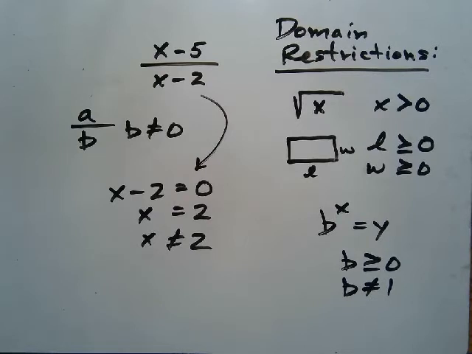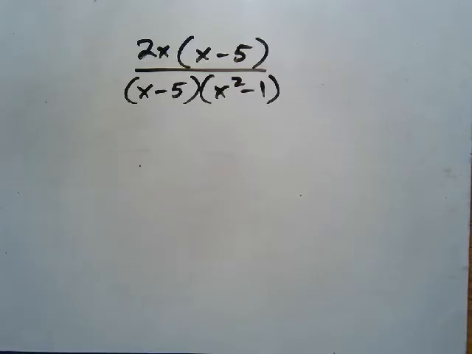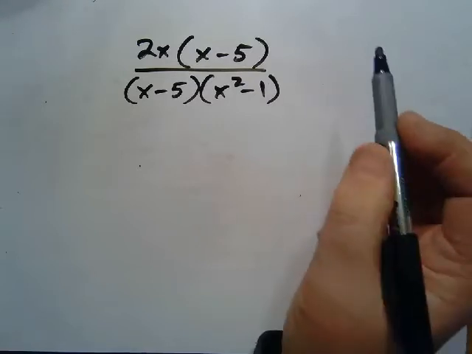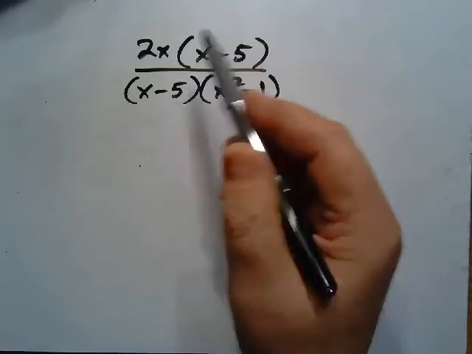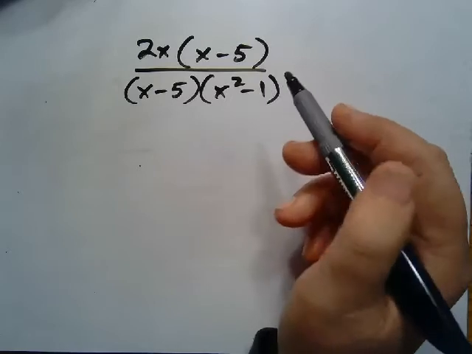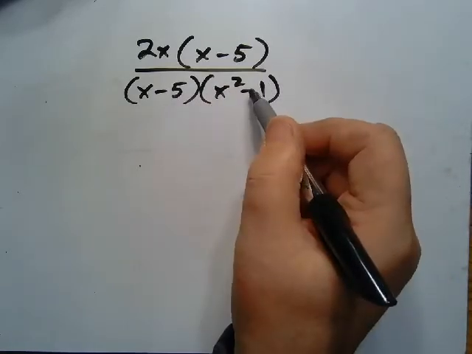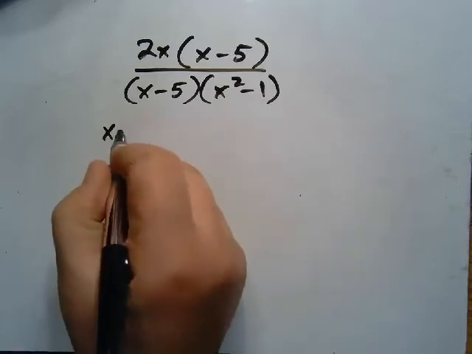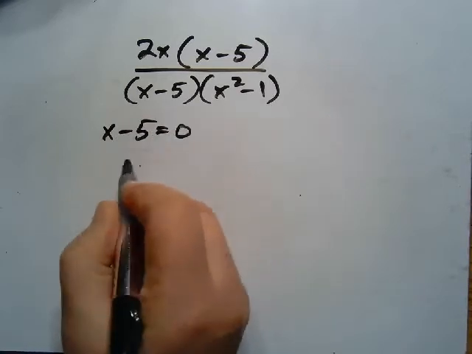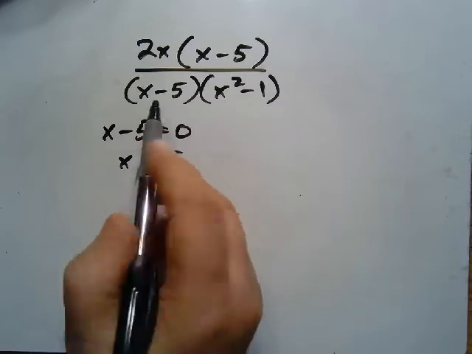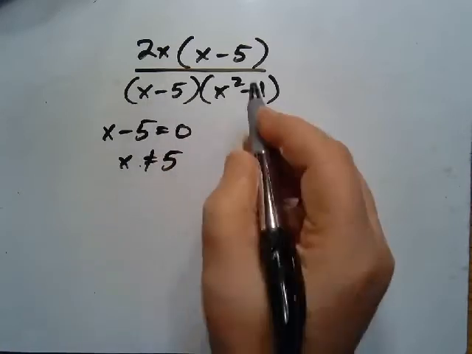Let's look at a couple of those. All right, here's a common rational expression. Before we actually simplify these, which we're going to talk about in a second, we want to take a look at what x cannot be. If I set each of these factors in the denominator equal to 0 and solve each one, I can see that x cannot be 5, otherwise this factor would be 0.